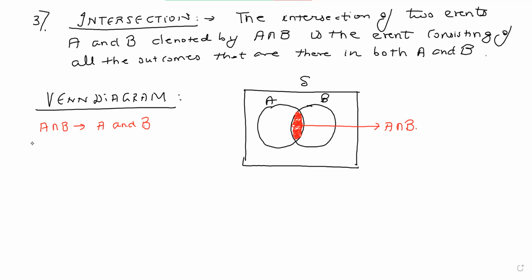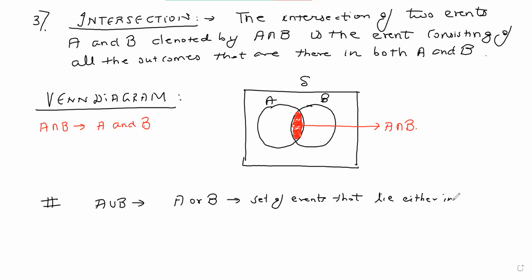So I'm rewriting it again. A union B means A or B, which I can write as the set of events that lie either in A or in B or in both. This is a sum up.